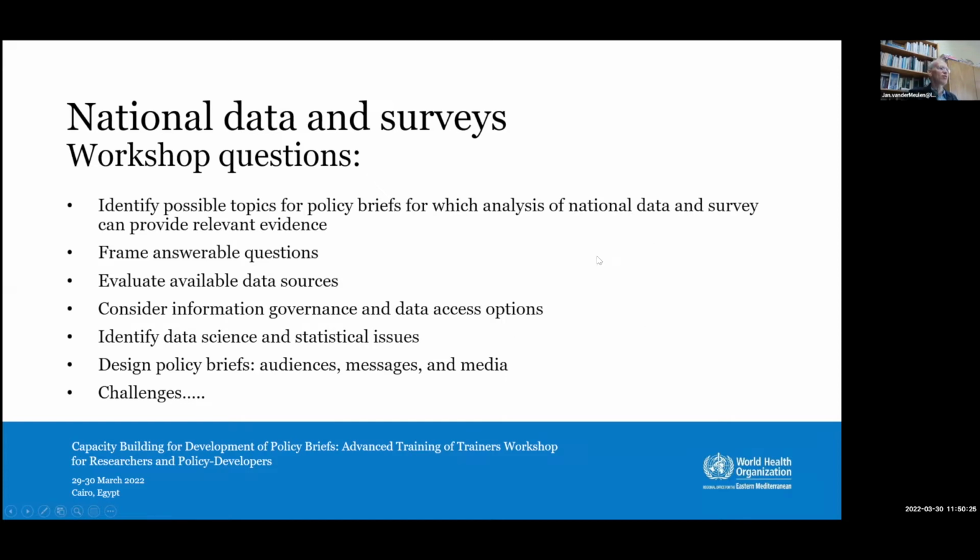I would like to ask you to write in the chat to identify some possible topics for policy briefs for which analysis of national data and surveys can provide relevant evidence. So especially topics in your own practice, in your own context, in your own country, where you feel that's an area for which these national data sets and surveys can be used.